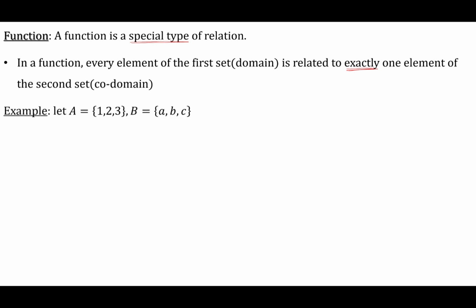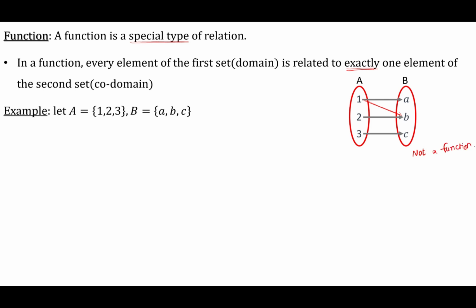Set A has 3 elements, 1, 2, 3, and set B has 3 elements, a, b, c. Now there is only one connection with each element of set A. It cannot have two. If it has two connections, it is not a function.